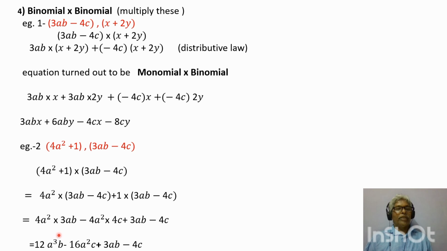So this will be 12a cube b, minus 16a square c, plus 3ab minus 4c. These are not like terms, so they will remain as they are. So this is how binomial into binomial is to be carried out. Move ahead.